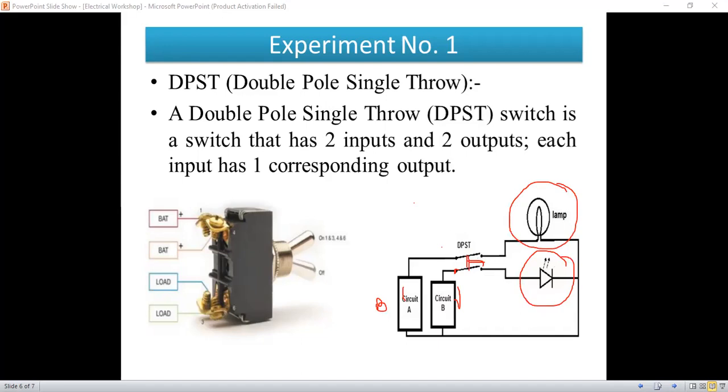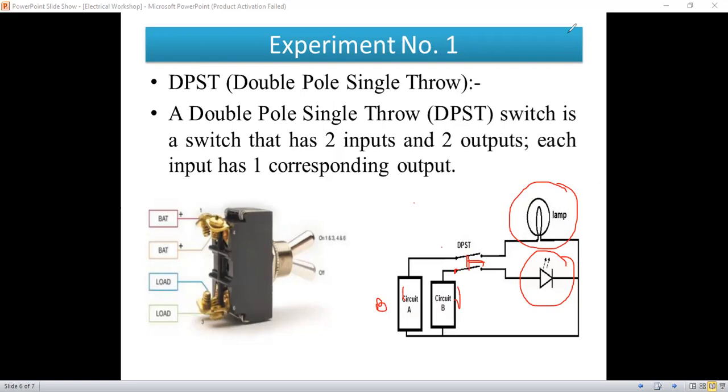When we throw the switch once, in that situation these two terminals can be connected automatically, at a time or once. So this is nothing but a double pole single throw type of switch.